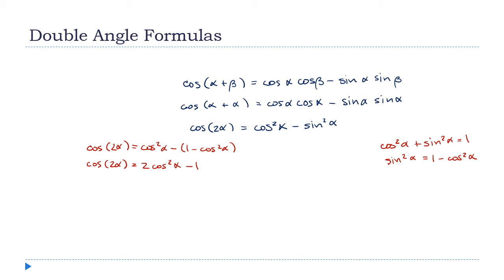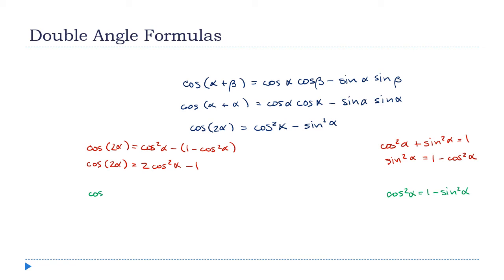And now for completeness, let's do the obvious next thing. Suppose instead of solving for sine squared, I solve for cosine squared. Then this becomes cosine squared equals 1 minus sine squared. And I can do the same substitution.